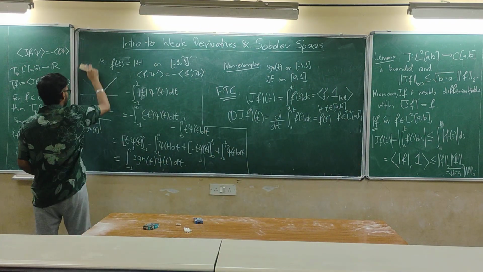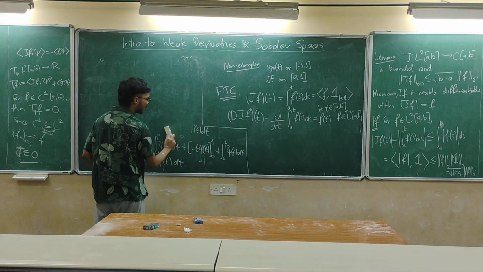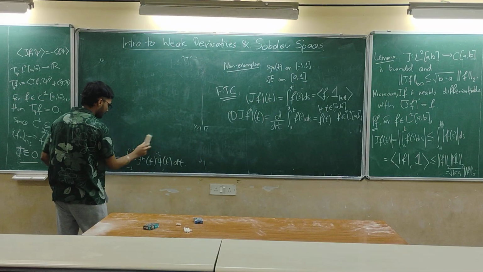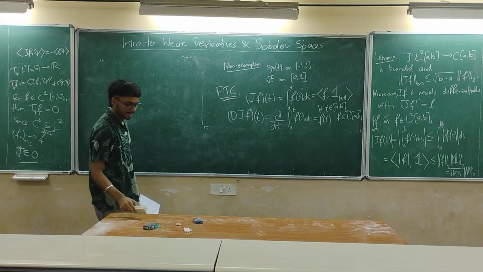From here, we had another identity in the classical setting, where if a function had derivative 0 everywhere, it had to be constant.